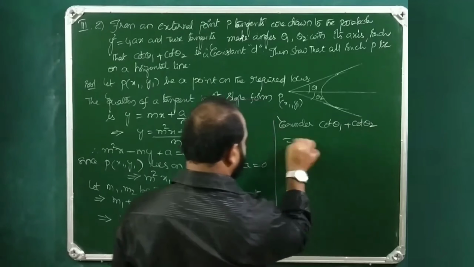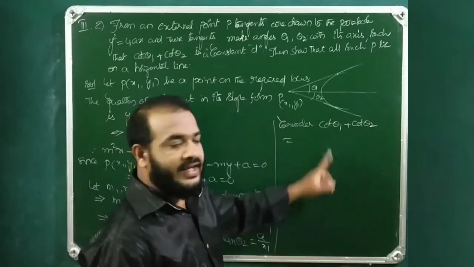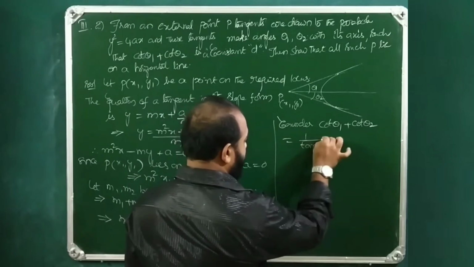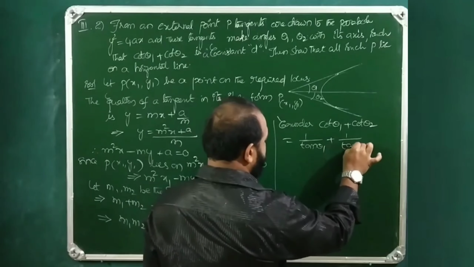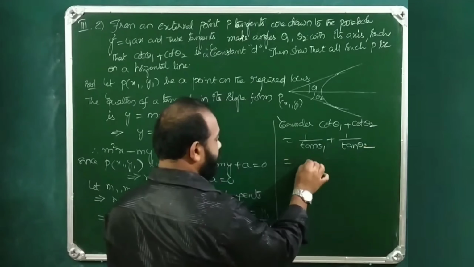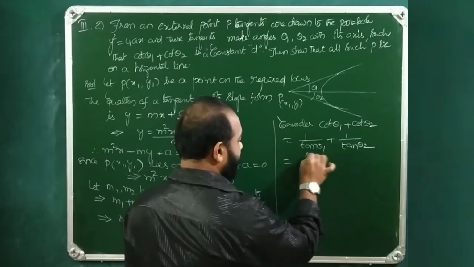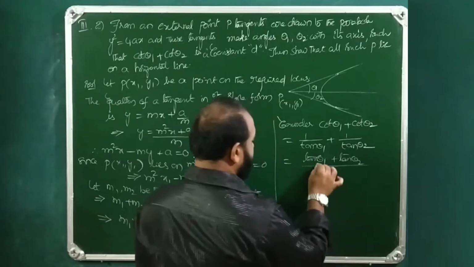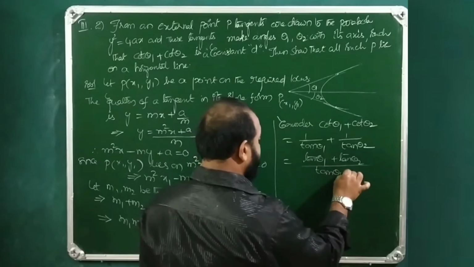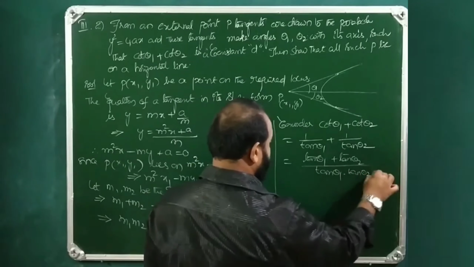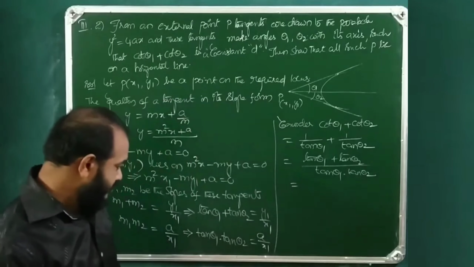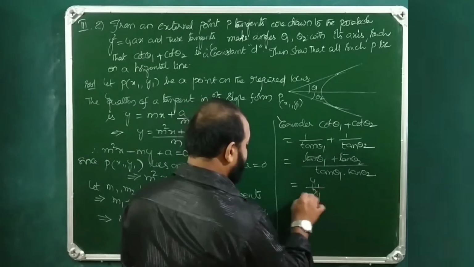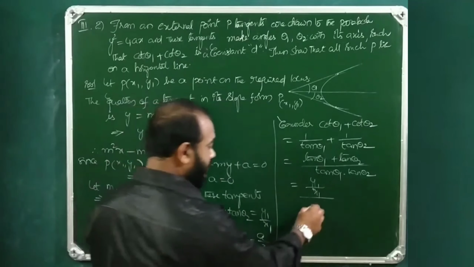This equals 1 by tan theta 1 + 1 by tan theta 2, which equals (tan theta 1 + tan theta 2) by (tan theta 1 into tan theta 2). tan theta 1 + tan theta 2 is y1 by x1, divided by a by x1.